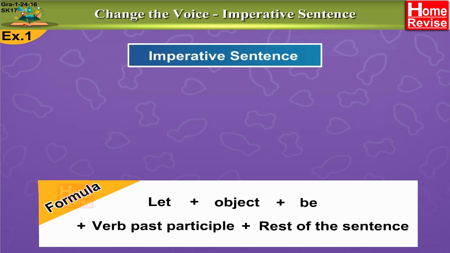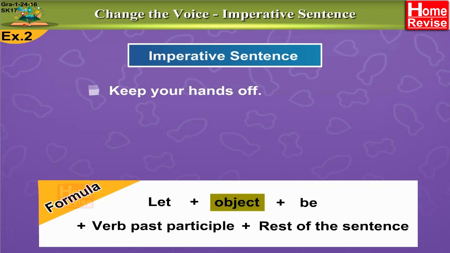Let's take one more example to understand it. Keep your hands off. In this sentence, what is the object? What is to be kept off? Your hands. So, your hands is the object.